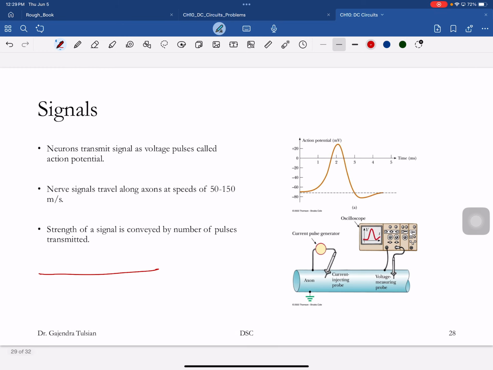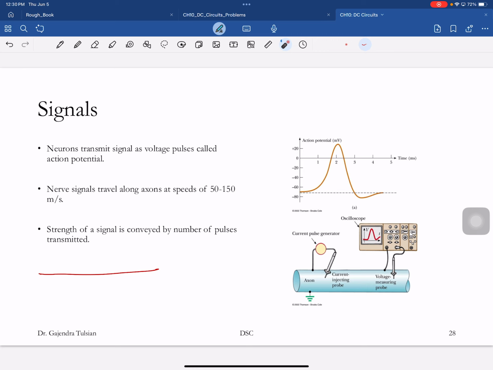So here's the deal. That nerve impulse, that action potential: there is a minus 70 millivolts, and in that location where the nerve impulse is created, it becomes 30 millivolts, and then all this happens. The length of this nerve impulse is about 3 milliseconds.